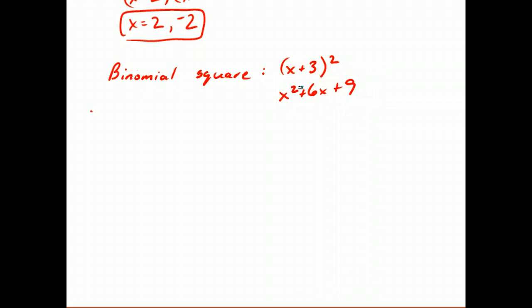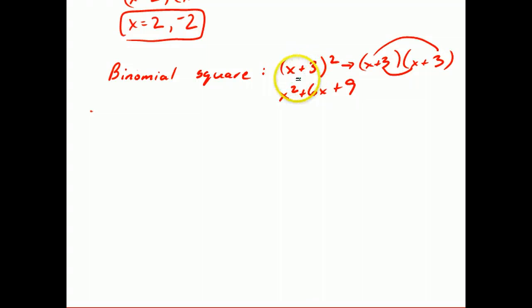Because if I expand it out and do my FOIL, I'm going to get x squared plus 3x plus another 3x gives me 6x here, and then finally 3 times 3 gives me 9. That makes this binomial squared expanded out into this trinomial form.